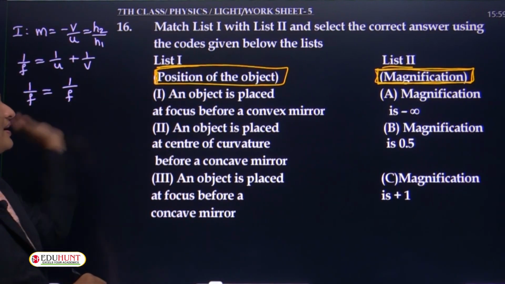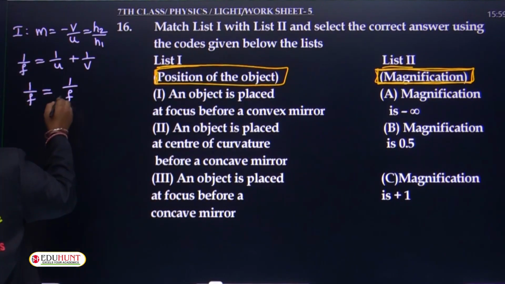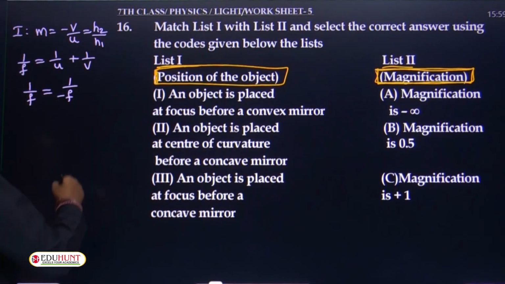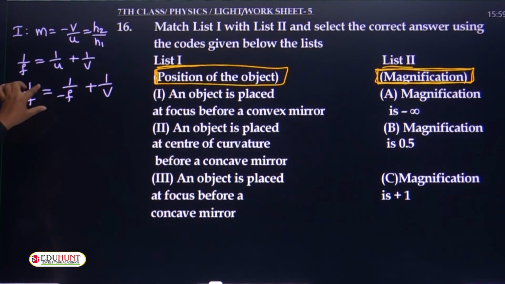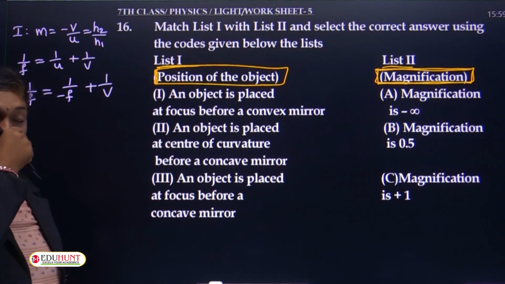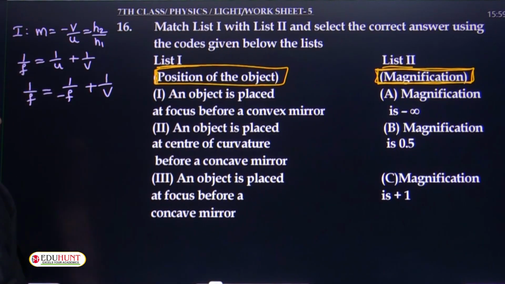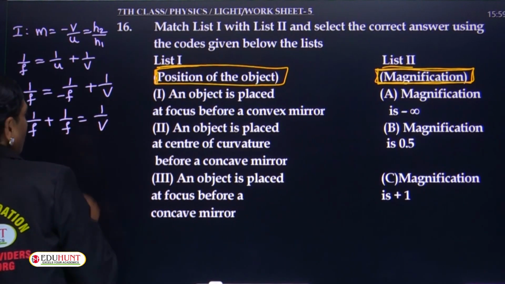But it is in front of the convex mirror, so it is minus f. For a convex mirror, the focal point is positive f, whereas in front of the mirror, the object is kept at a distance of minus f. So bringing this 1 by minus f to the other side, 1 by f plus 1 by f equals 1 by v.